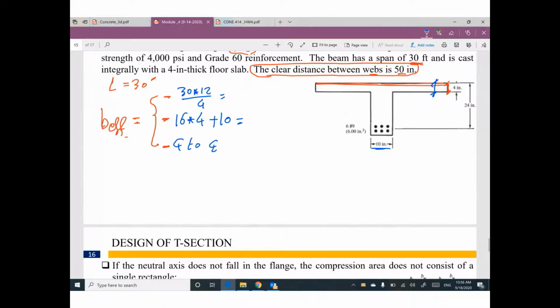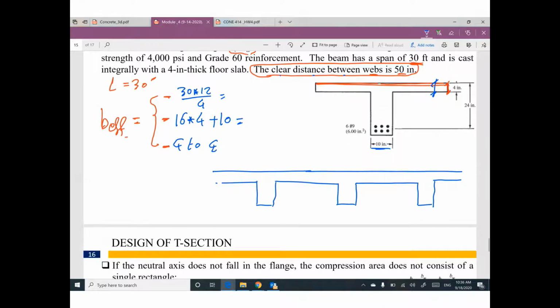We have here an information, the clear distance between webs. What does it mean? In real life this looks like this: we have many beams arranged together parallel to each other.